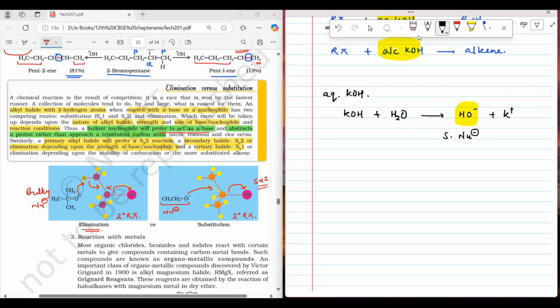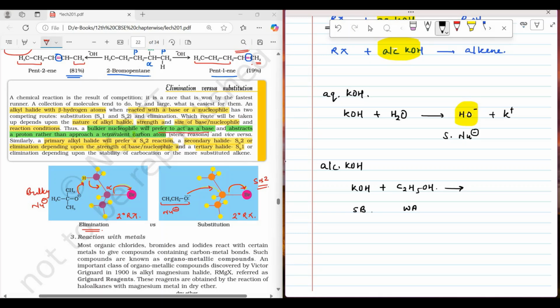Now come to the alcoholic KOH solution. To make alcoholic KOH solution, KOH is mixed with alcohol, so it can be ethanol, C2H5OH. When it is mixed with the ethanol, KOH will act as a strong base, and alcohol will act as a weak acid.